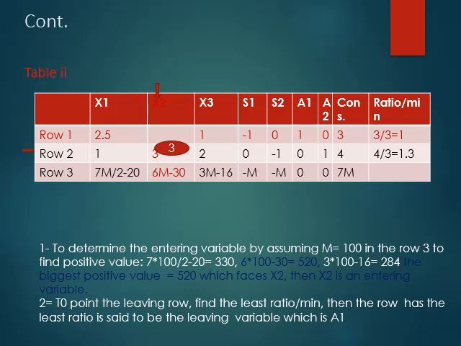So 7 times 100 over 2 negative 20 is 330. That's correct.